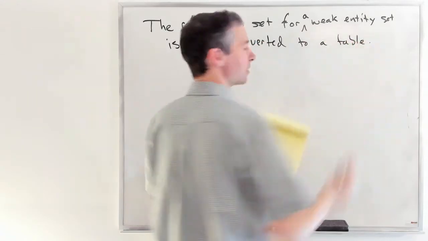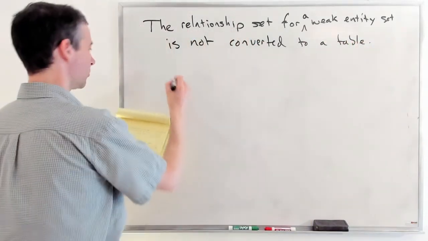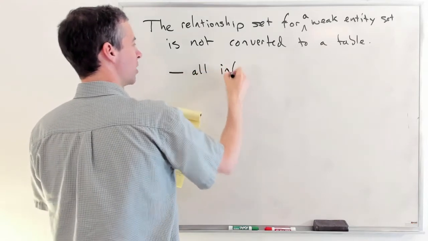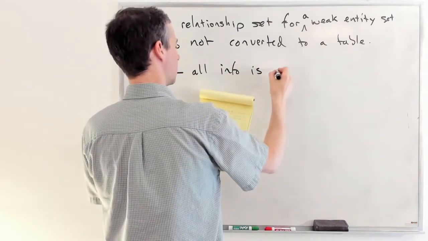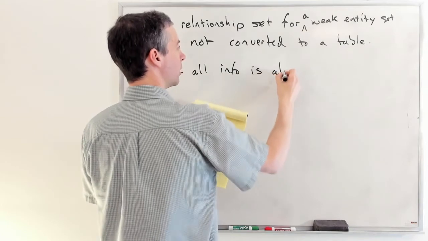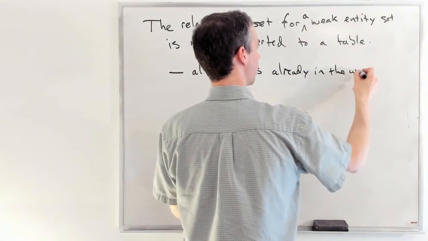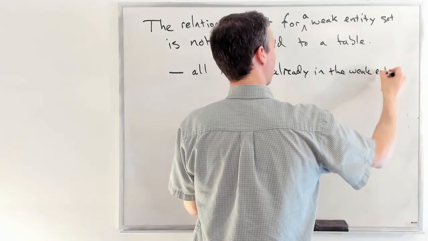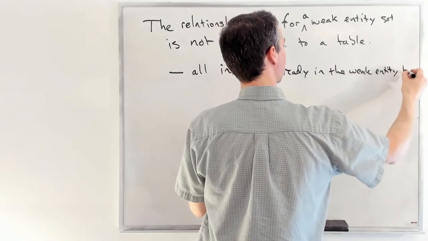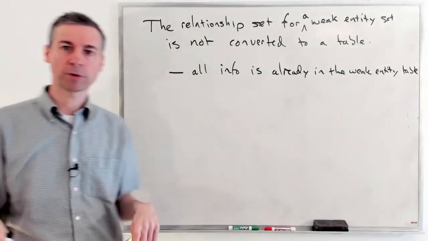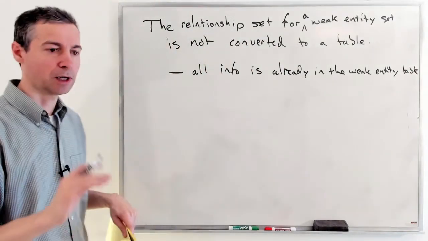Why? Well, it's not necessary. All the information that we need is already in the weak entity table that we made in the schema, because we've put that primary key in there.